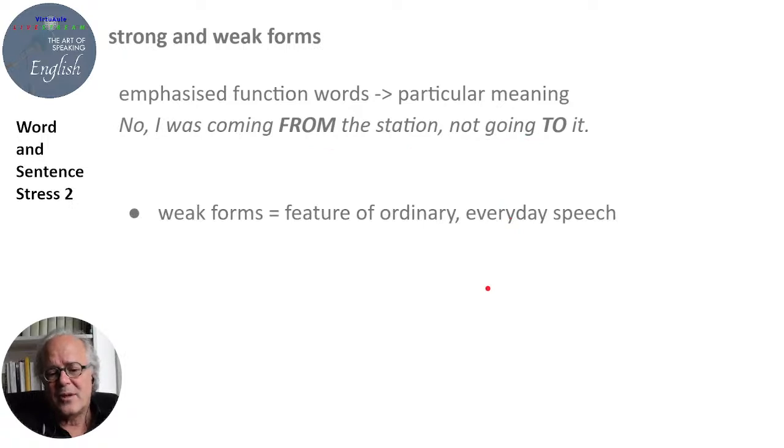Weak forms are usually a feature of ordinary everyday speech. So when we're talking in an everyday way, generally those will be weak. And we need to become attuned to them as learners.